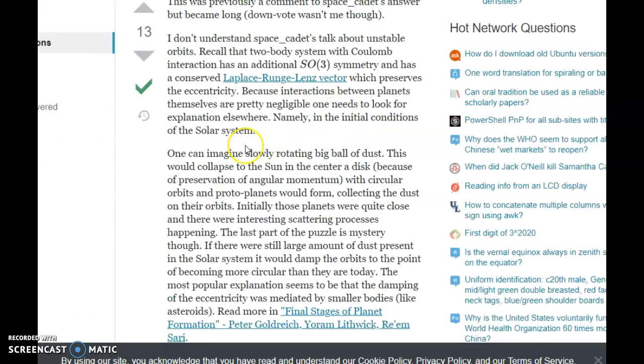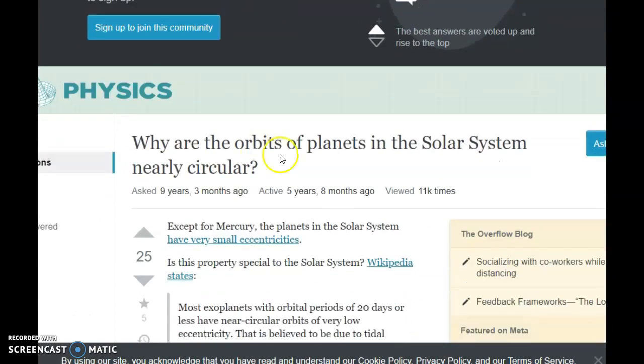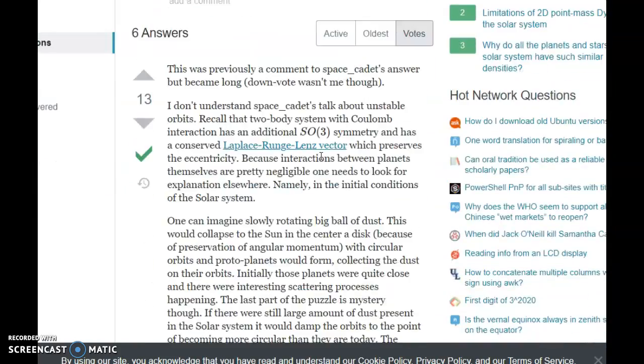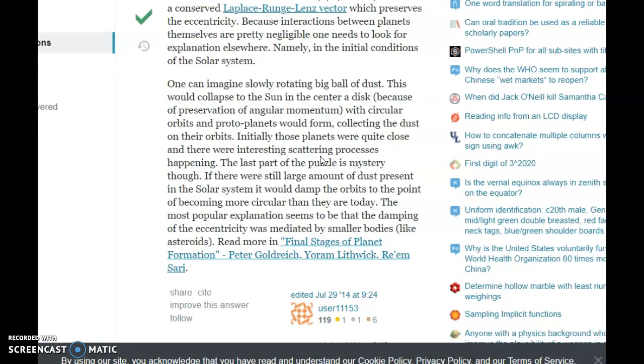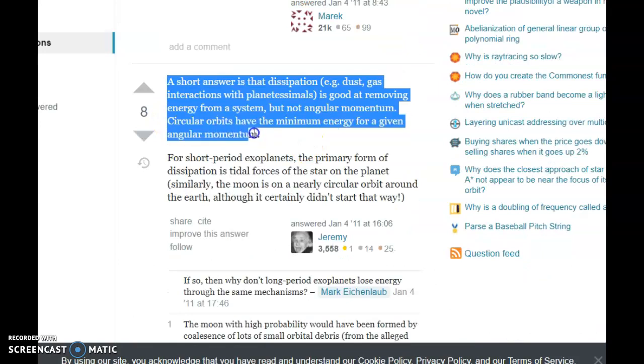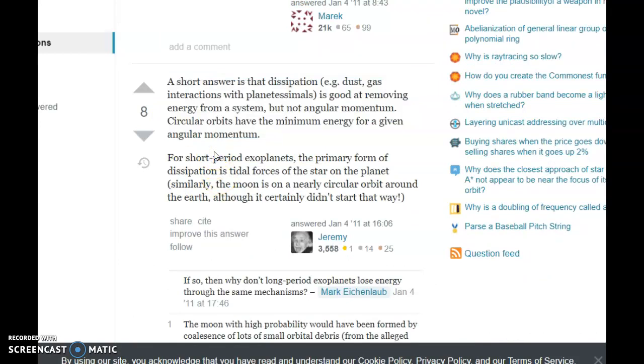And so I looked up this one here, kind of like, why are the orbits of the planets in our solar system nearly circular? And one person argues here, I thought it was in this one here, that circular orbits have the minimum energy for a given angular momentum, and that's kind of like a physics lesson.